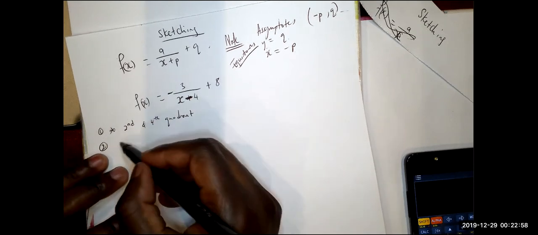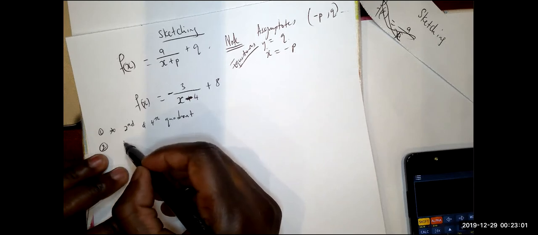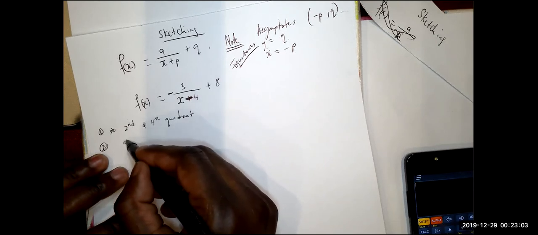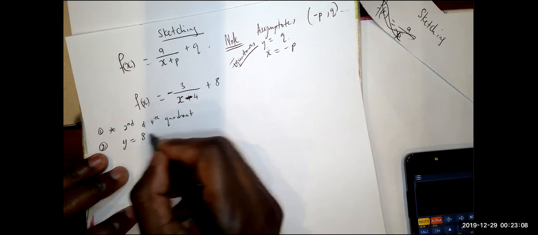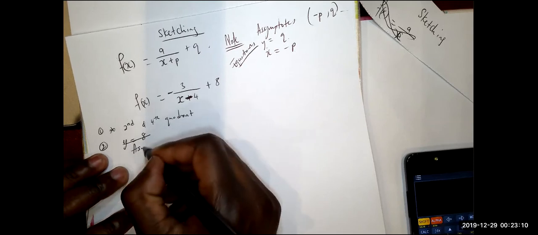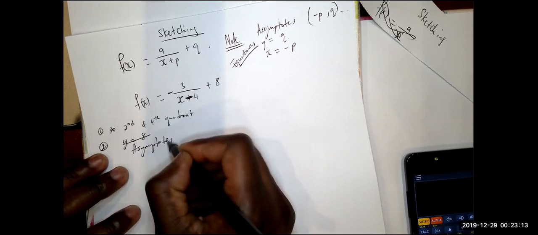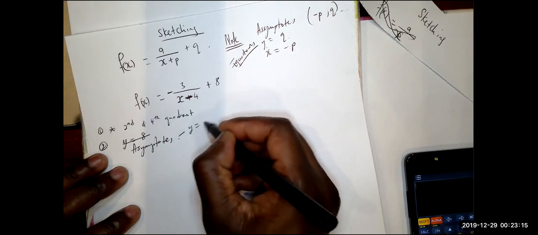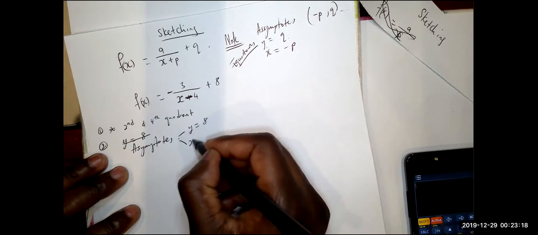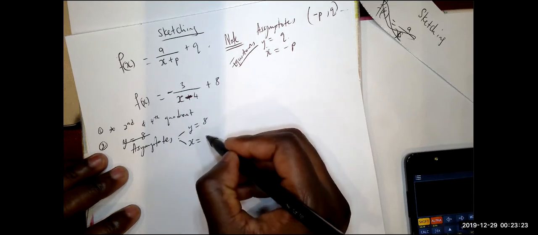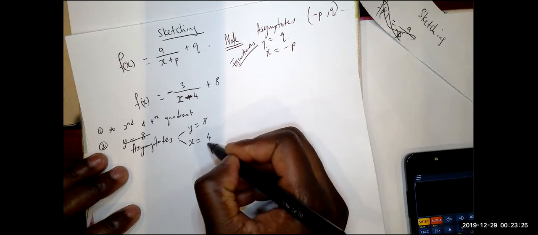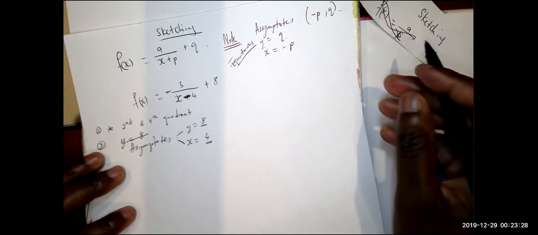The asymptotes are y equal to 8 and x equal to negative p. Negative negative gives us positive, so x equals 4 and y equals 8. That's our asymptotes: x equals 4 and y equals 8.